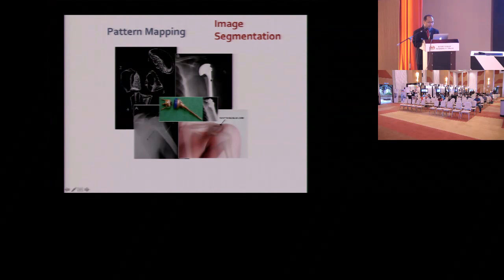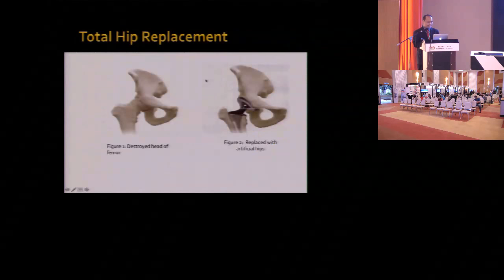We also use the software to help us do a replacement. This is the destruction of the head of the femur, and because this head of femur is already destroyed, it needs to be replaced by a prosthesis to help the patient to walk.